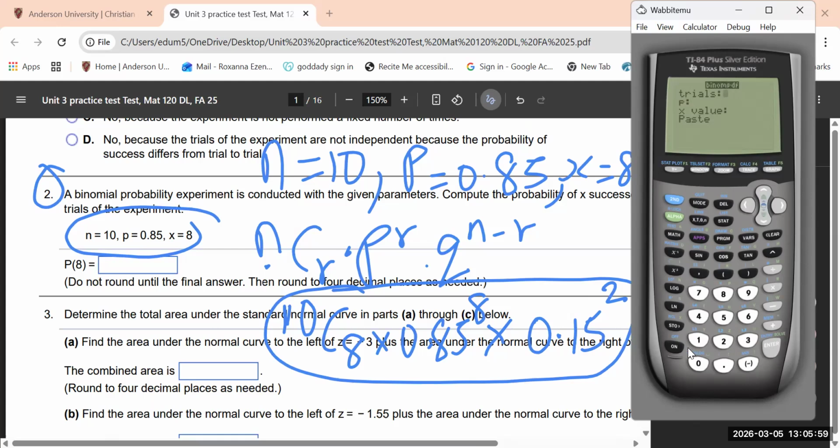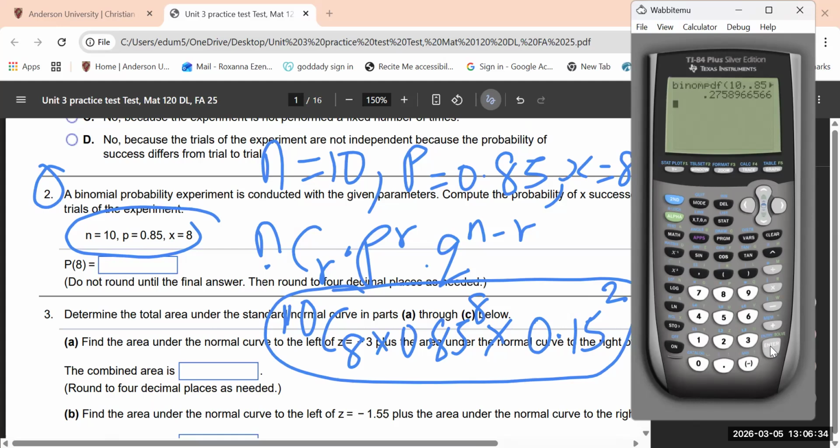The number of trials is 10. Probability of success is 0.85. The value of the random variable is 8. And then I'm going to paste my answer. So that probability is 0.2758, depending on the number of decimal places.